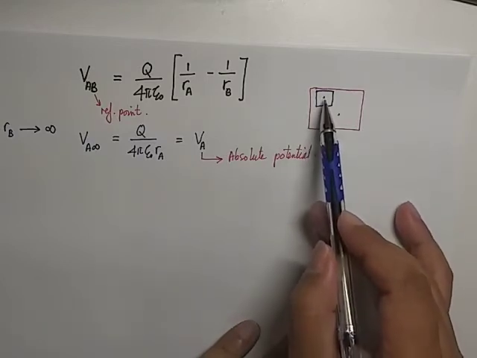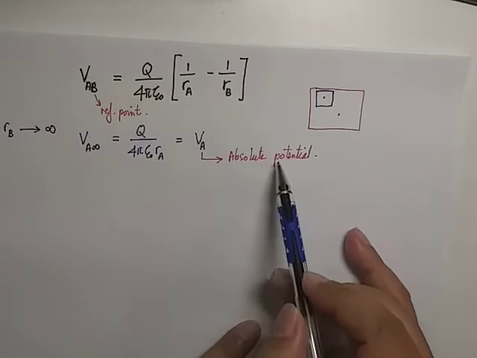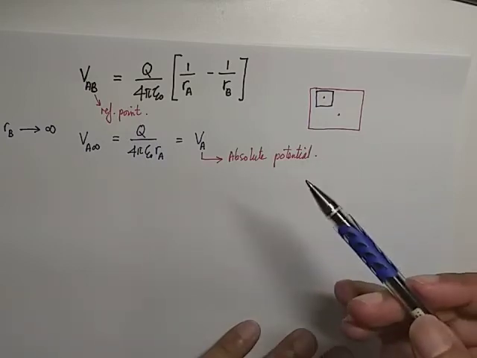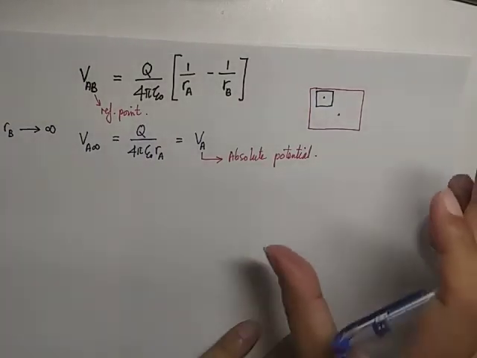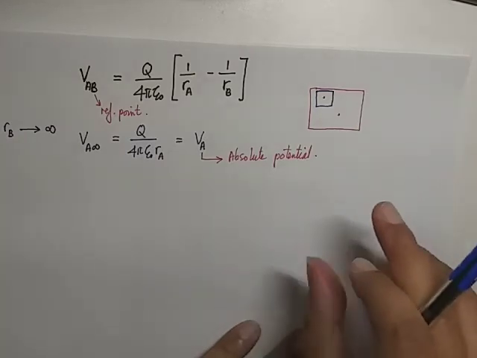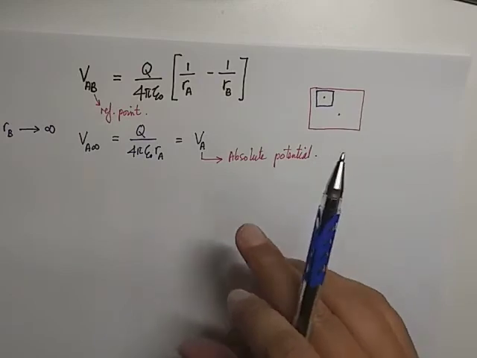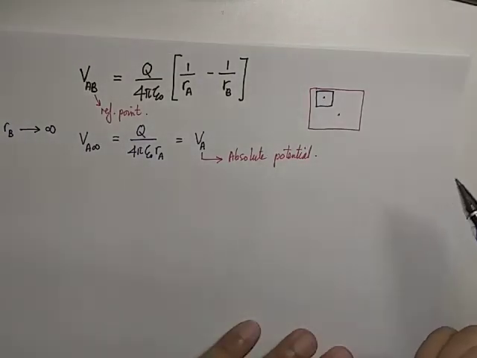So when you're dealing with a one point situation of potential, that is defined as absolute potential. That's usually the case when you work in designing a circuit, maybe integrated chips, you have to zoom into a certain part of that circuit, so you only have one point to determine the potential. So that is known as absolute potential.